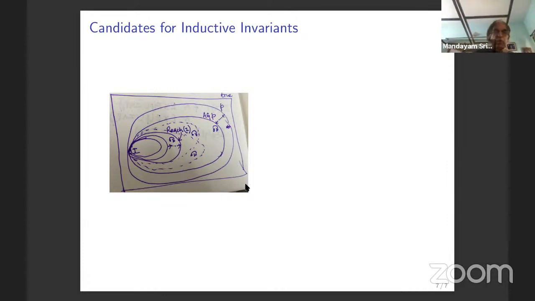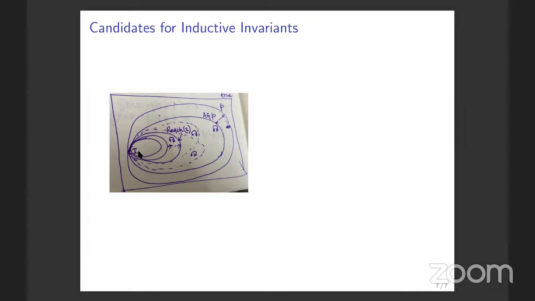What I've shown here is the square box, the entire universe of states representing the predicate true. P is my predicate, the property. And what I've shown here is that this reach of I is inductive. Why? It's an inductive invariant.